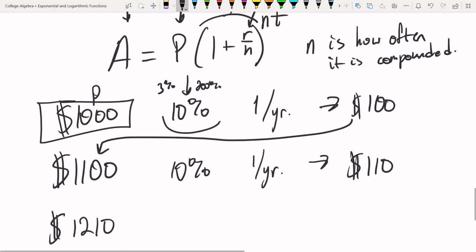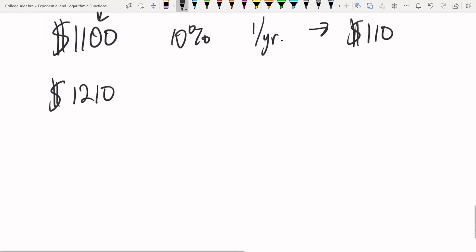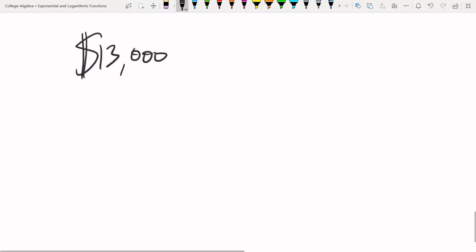You can figure out how much you would have by just using this formula. I want to show you that here. So let's look at a situation. Suppose we have $13,000 to invest. $13,000 is being invested, and it's saying which account yields more money after 2 years.